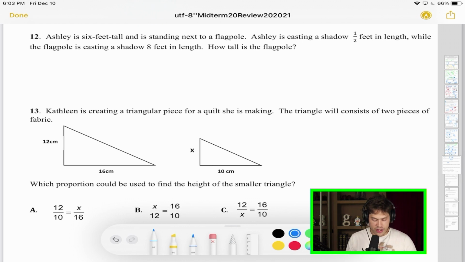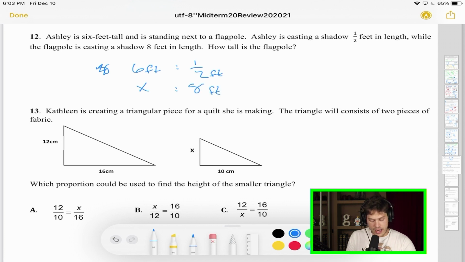Ashley is 6 feet tall and is standing next to a flagpole. Ashley is casting a shadow half a foot in length, while the flagpole is casting a shadow 8 feet in length. How tall is the flagpole? Okay, Ashley being 6 foot tall is to half a foot. So the flagpole is how tall, and it cast an 8-foot shadow.